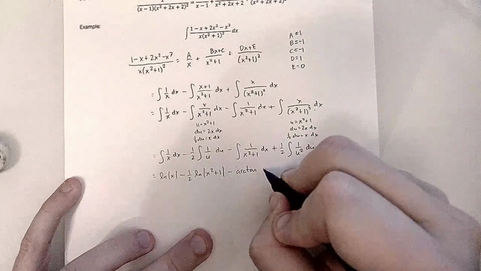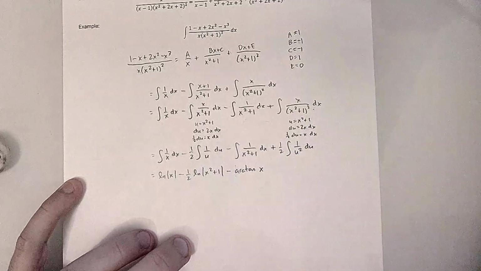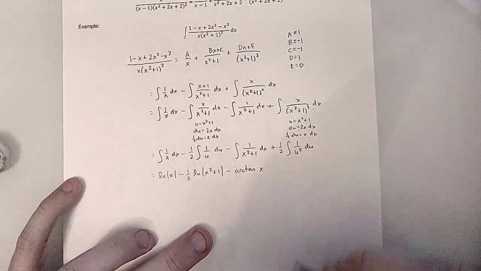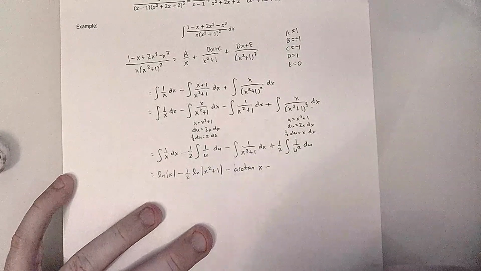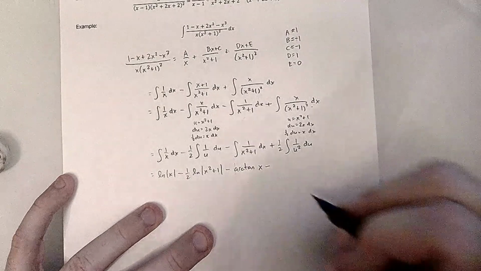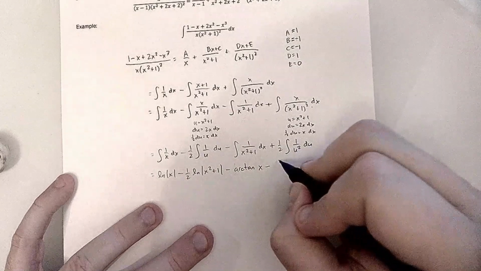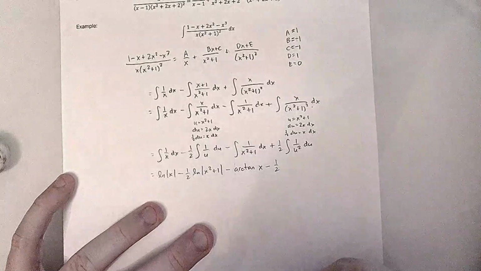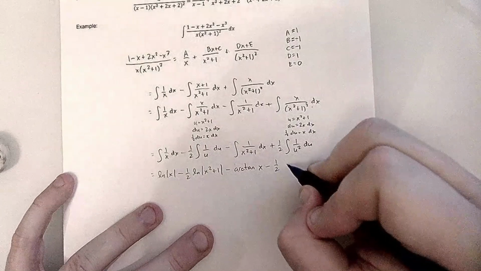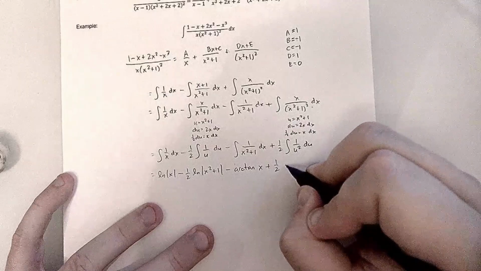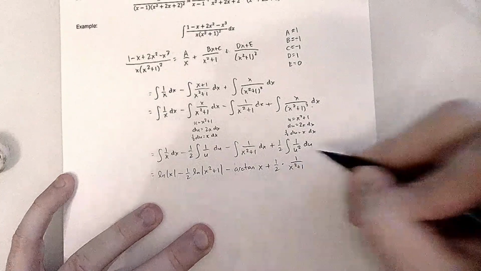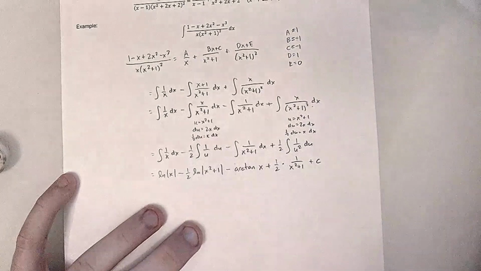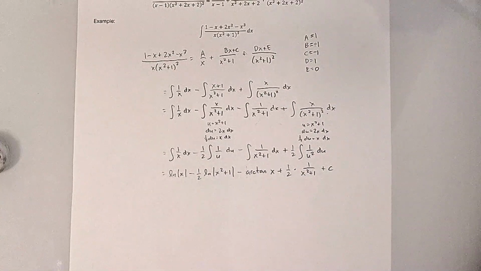Arctangent of x. Pretty easy. Minus, well, we get 1/2 times 1 over u. This actually becomes 1/2 times x squared plus 1. And there you go. That is the final answer for our last integral.